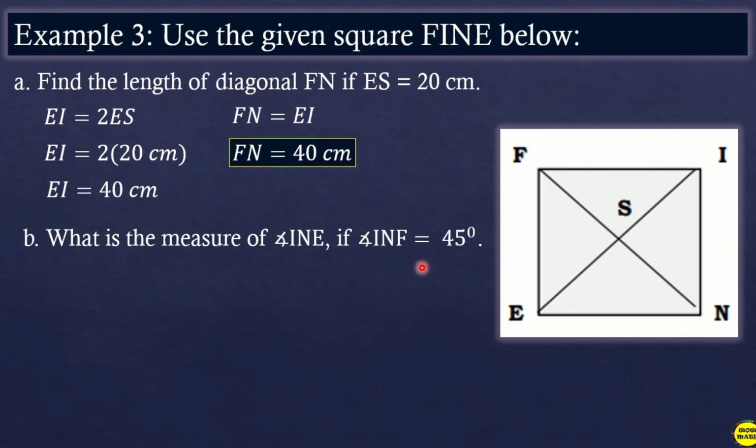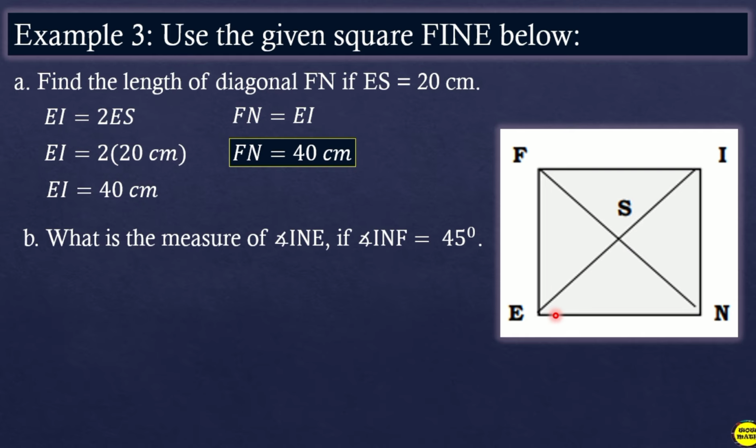Tama? Another example. What is the measure of angle I and E? Okay, so ito. Yung angle I and E. So ito rin, class. Kayang-kaya nyo na ito sagutin, no? Kasi isa sa mga properties ng square ay all four right angles. Okay? So, yung apat na angles na to are right angles.